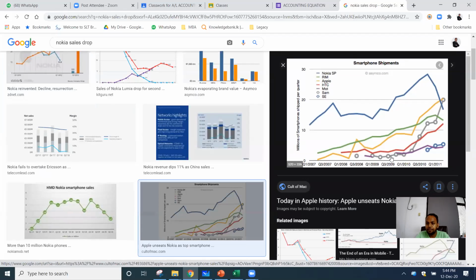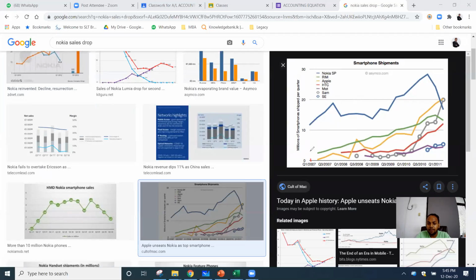So this red color, this blue color is the Nokia sales, smartphone sales, right? Millions of smartphones they shipped.